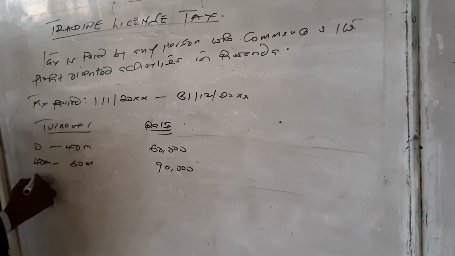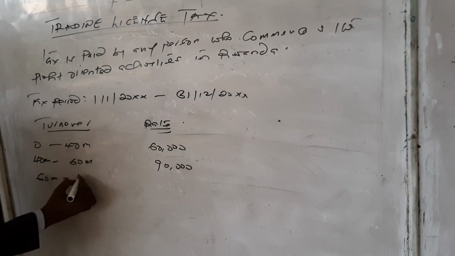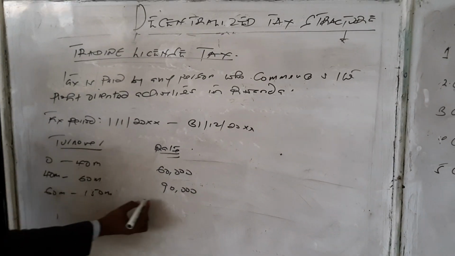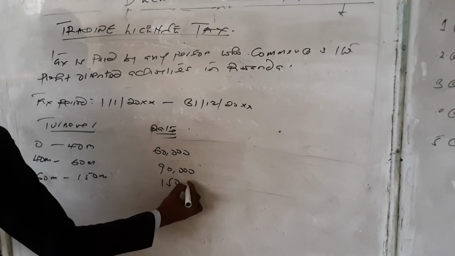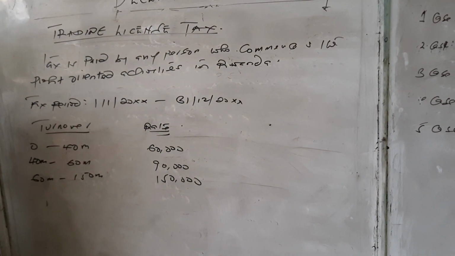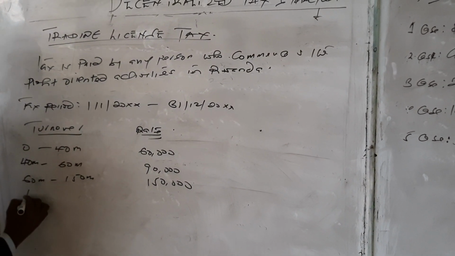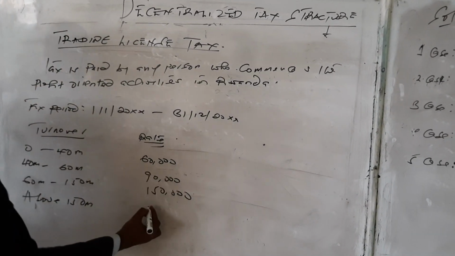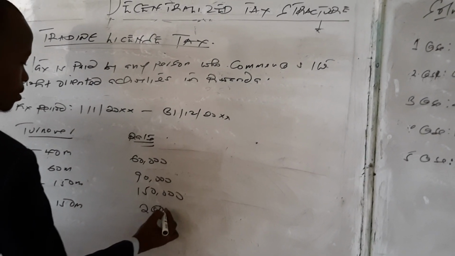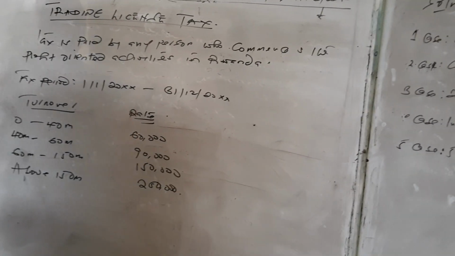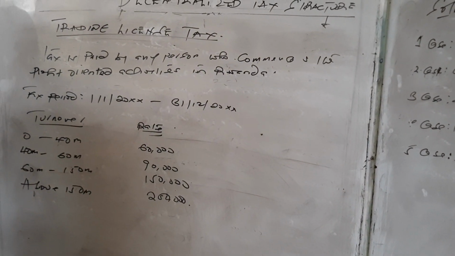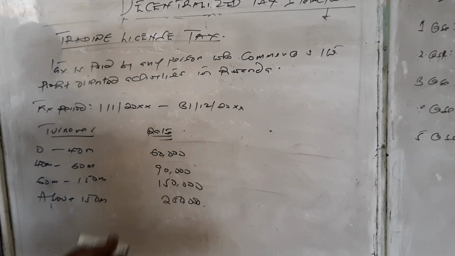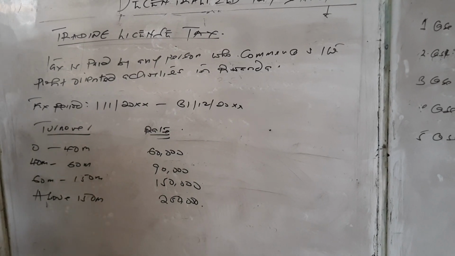Between 60 million to 150 million, you pay 150,000. And above 150 million, you pay 250,000 Rwandan francs. So these are the turnovers the trading license fees are based on.